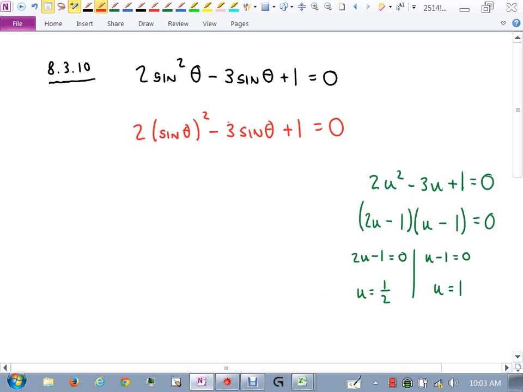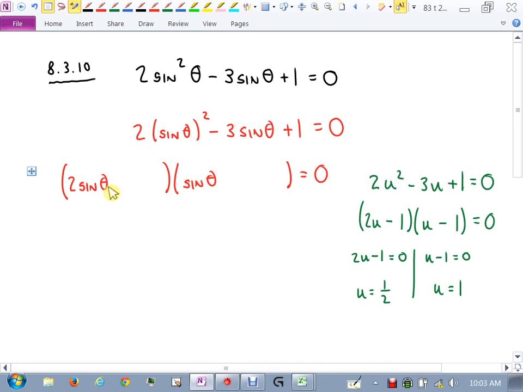So I'm realizing that this is what we call a trigonometric equation in quadratic form, meaning it's not exactly quadratic, but it looks quadratic in the sense that we have an ax squared plus bx plus c equals 0. So I know it's going to factor. I'm going to try and get a 2 sine squared theta to start. So I'm going to put a 2 sine theta here and a sine theta here.